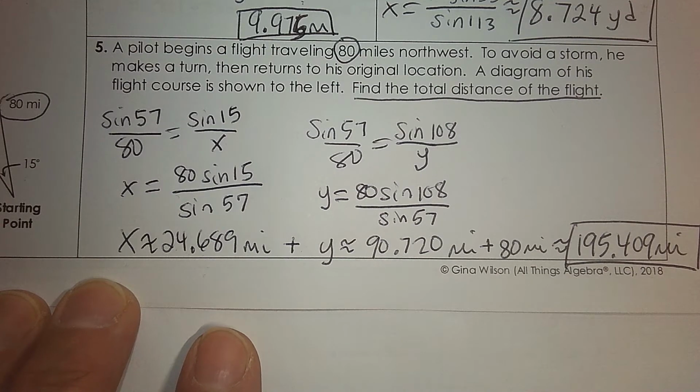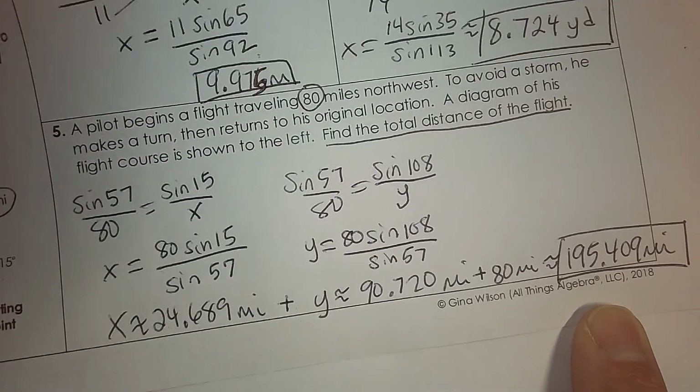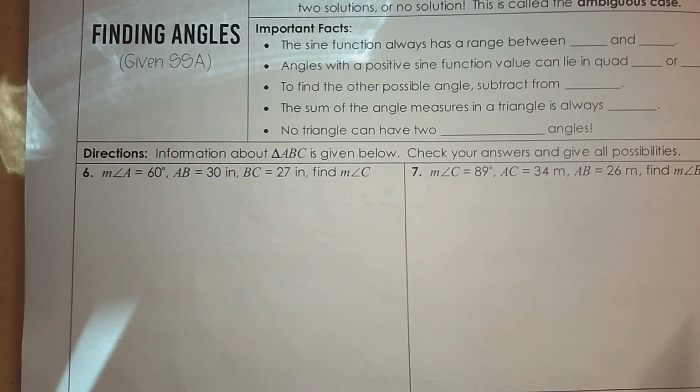The next skill we're going to work on is how to find a missing angle using the law of sines. Now, this is going to be more challenging, but I know you're up for the challenge.